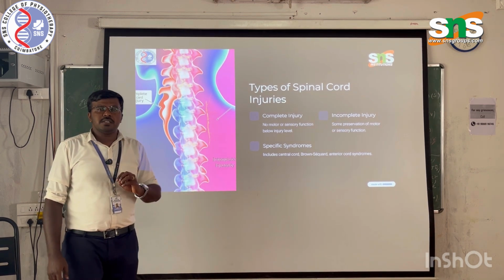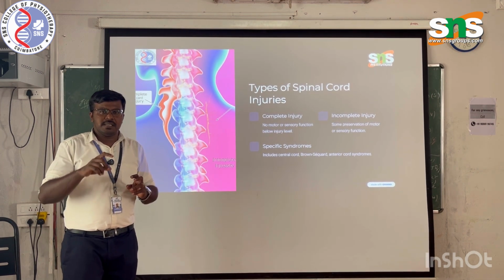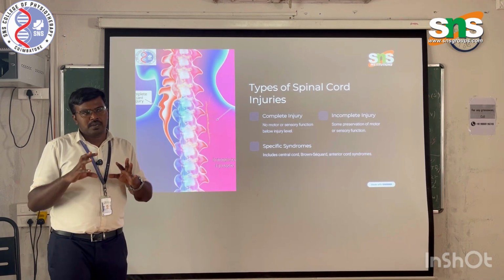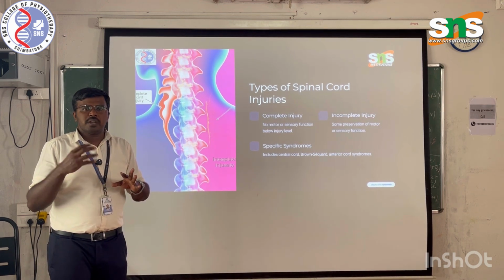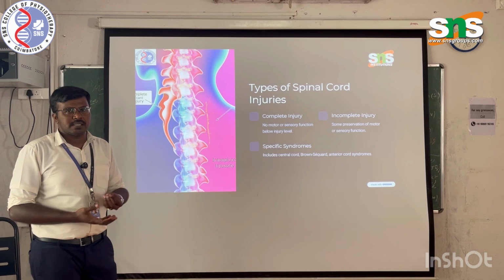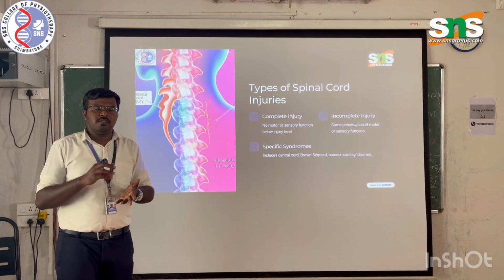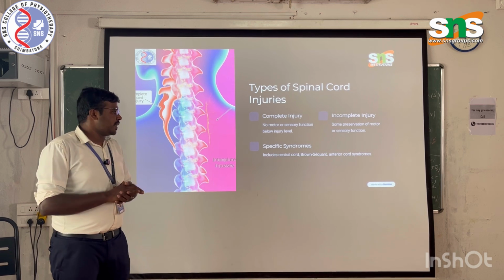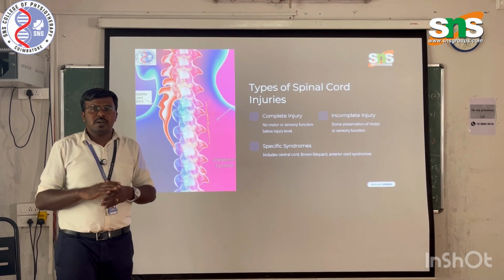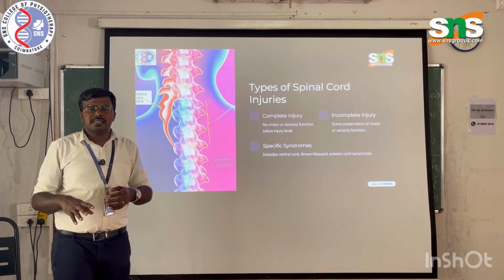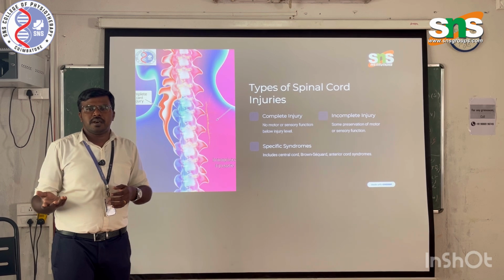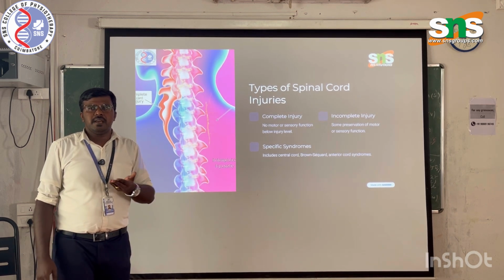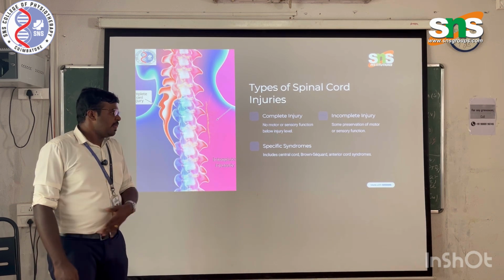Central cord syndrome mainly affects the central part of the spinal cord, leading to partial motor weakness of the whole body, that is quadriparesis, mainly in the upper limb. In Brown-Séquard syndrome, motor function is affected on the ipsilateral side, along with loss of pain and temperature.